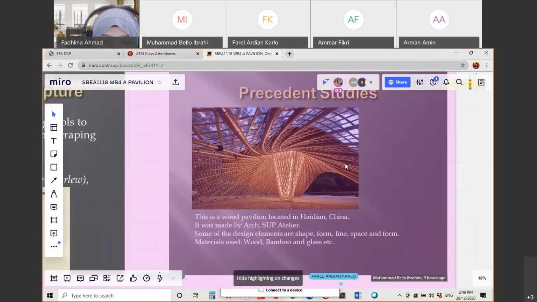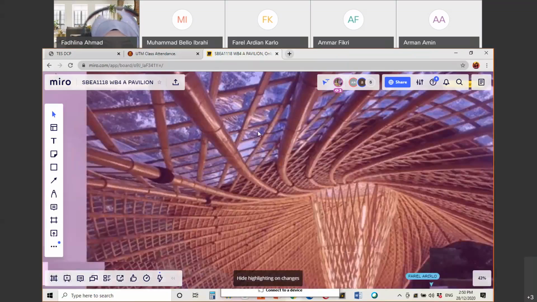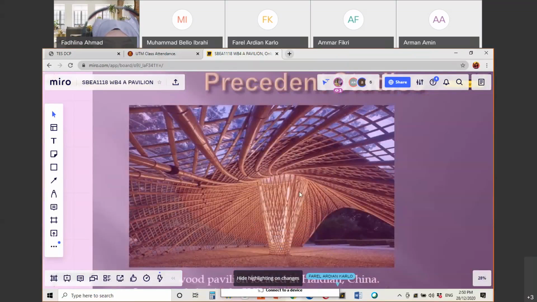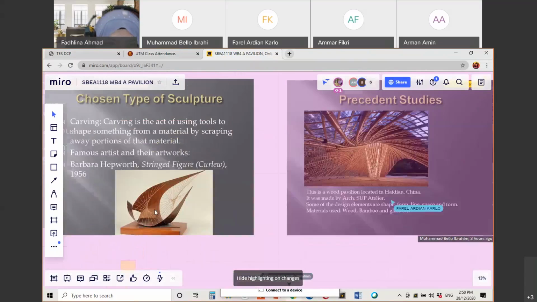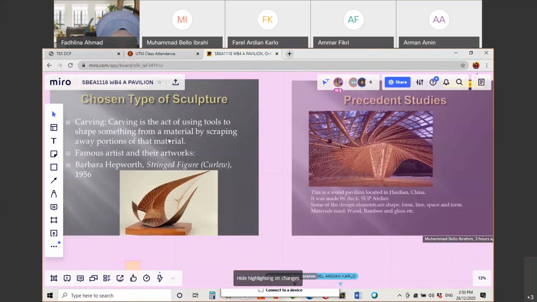Is the wood carved? Do they do the carving on the woods? Where is it? Show me. You were talking about carving, which is shaping something from a material by scraping away a portion of that material.